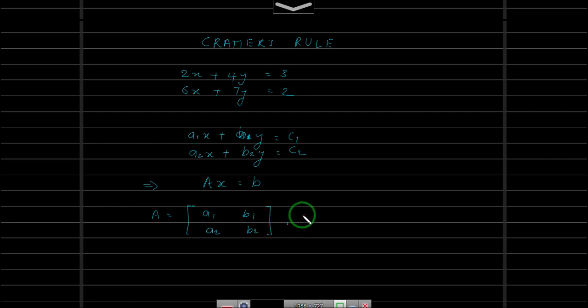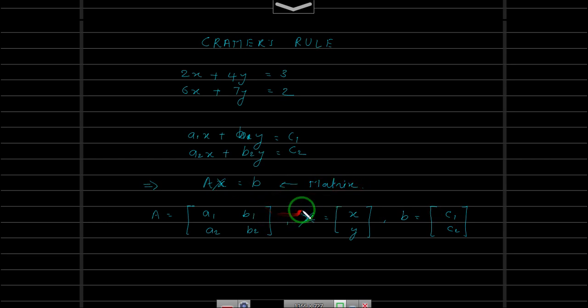This X is a column vector wherein we have x and y, and this B is again a column vector which is nothing but c1, c2. This is a matrix equation.